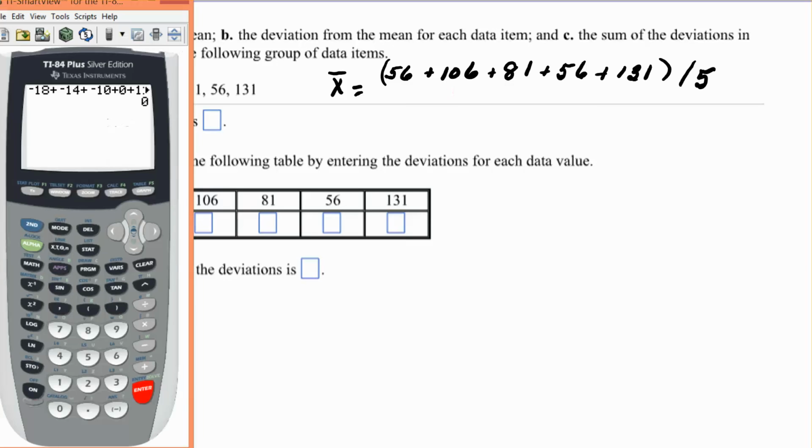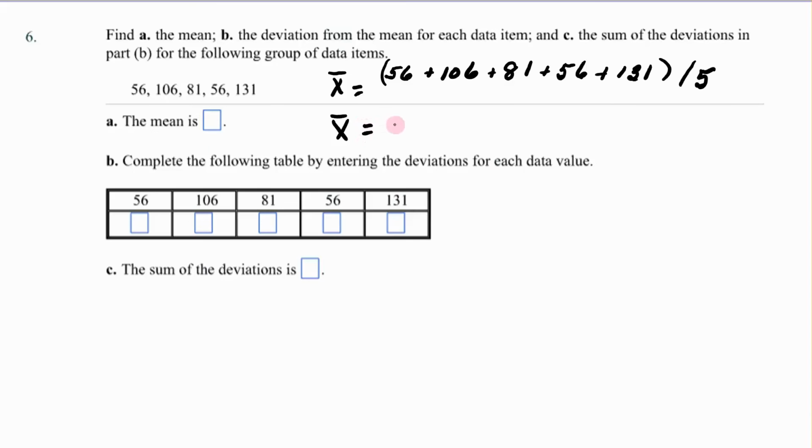So, calculator, parentheses, 56 plus 106 plus 81 plus 56 plus 131. Close the parentheses, divided by 5, and I get a mean.